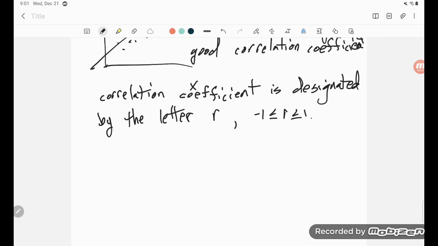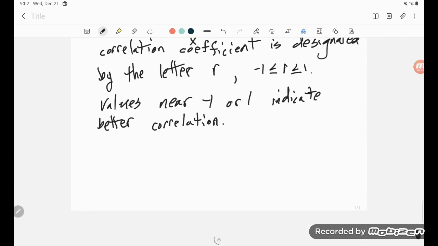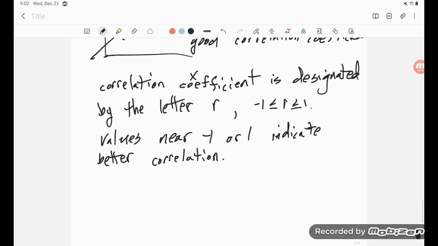Okay, and values near -1 or 1 indicate better correlation. Okay, so that's what we're talking about.